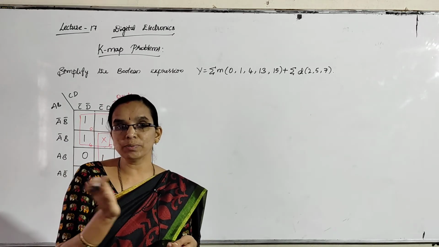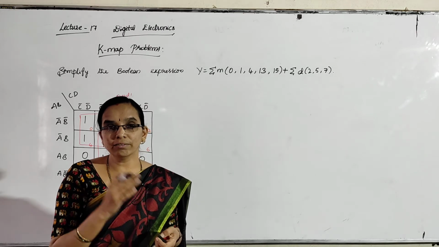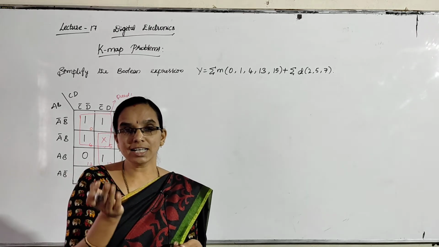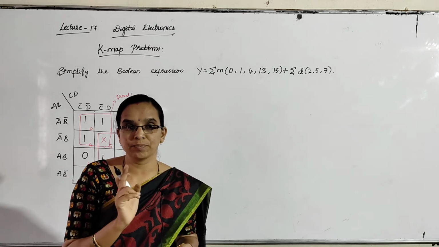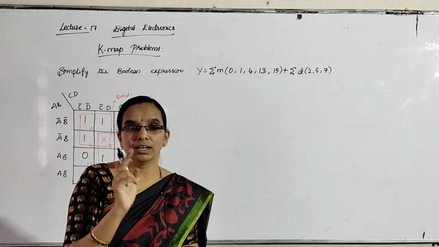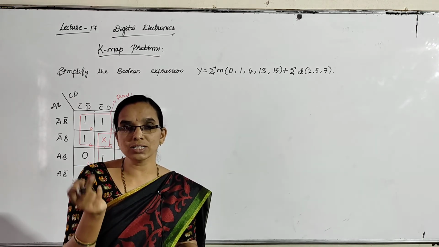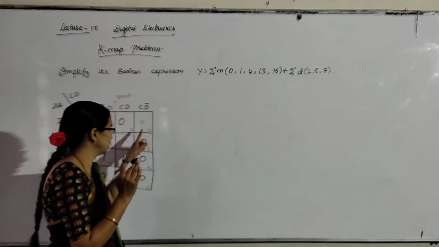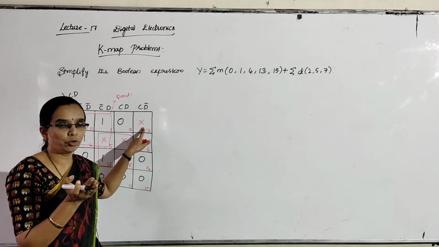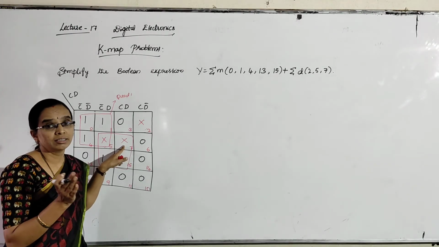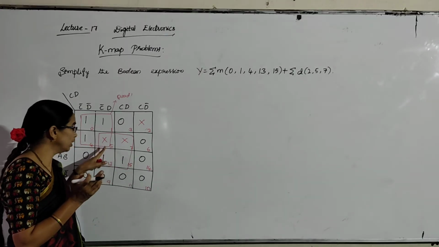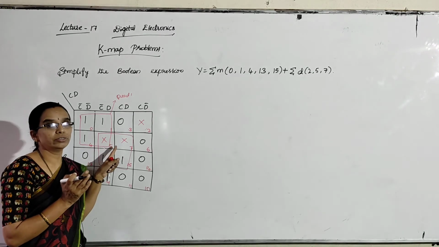Don't care conditions will be included in a group only when they are grouped with ones. Individually, if you leave don't care conditions like that, they will be considered as 0, no need to group them. Only if it is worth including in our group should you group it.